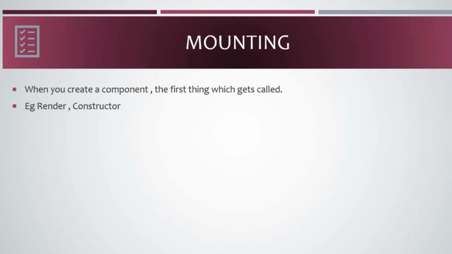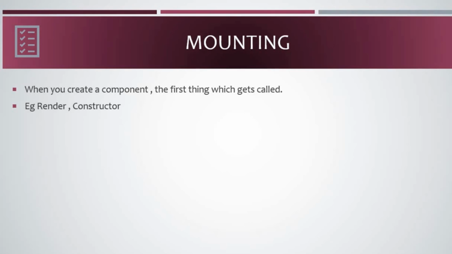So over here, the second ranking is nothing but getDerivedStateFromProps. This is a static method, an inbuilt method that is present in ReactJS. When the state of the component is dependent on the props, at that time you can use this particular method.